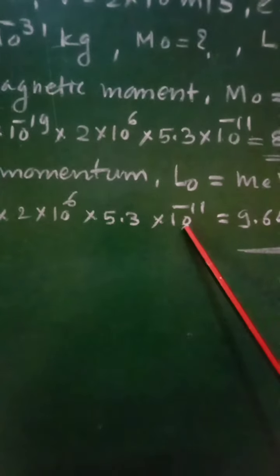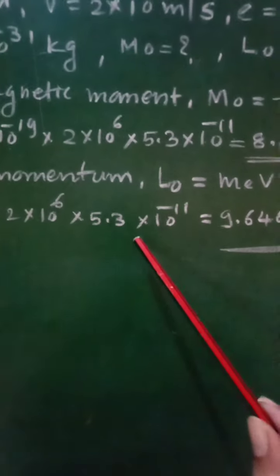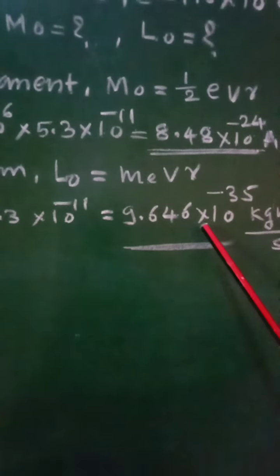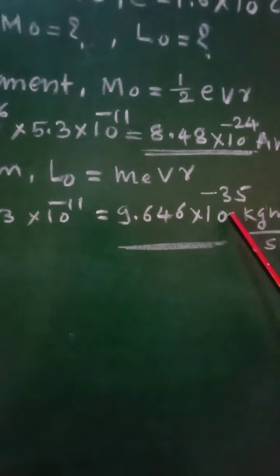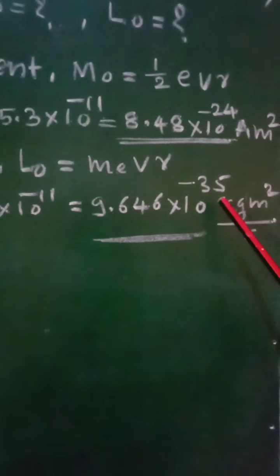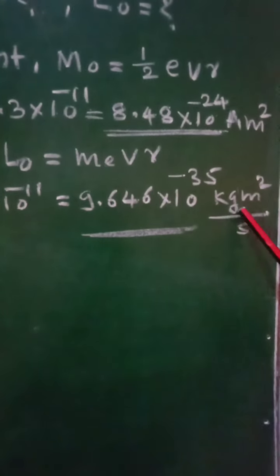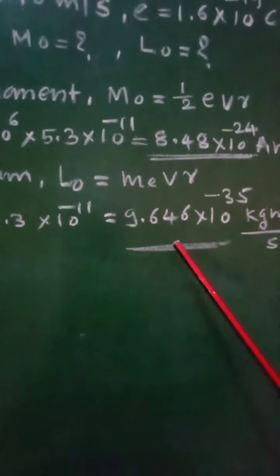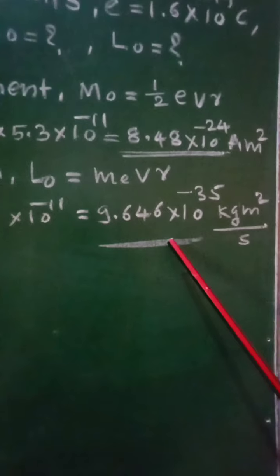Finding this product we will get 9.646 into 10 raised to minus 35 kilogram meter square per second. This will be the required angular momentum of that revolving electron.